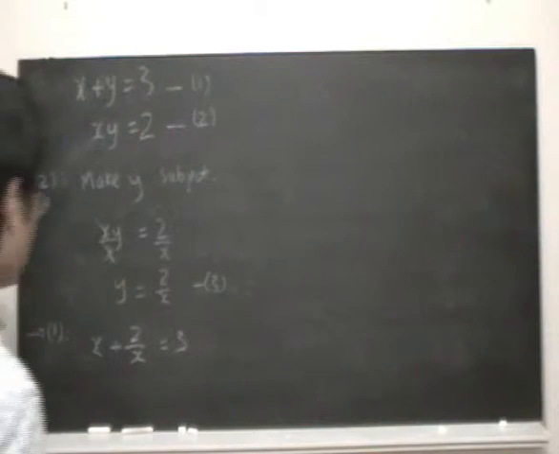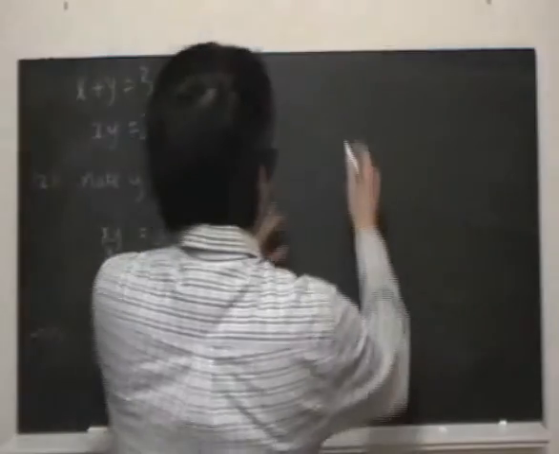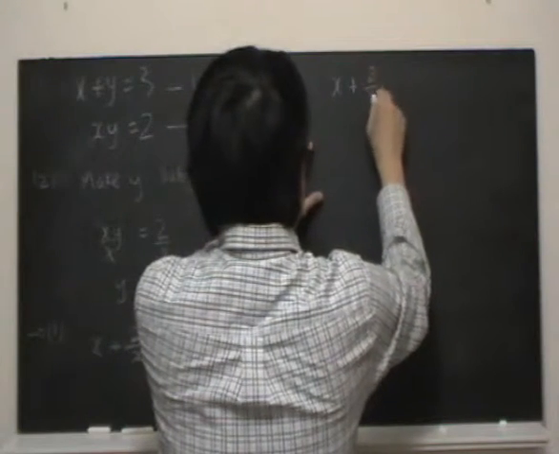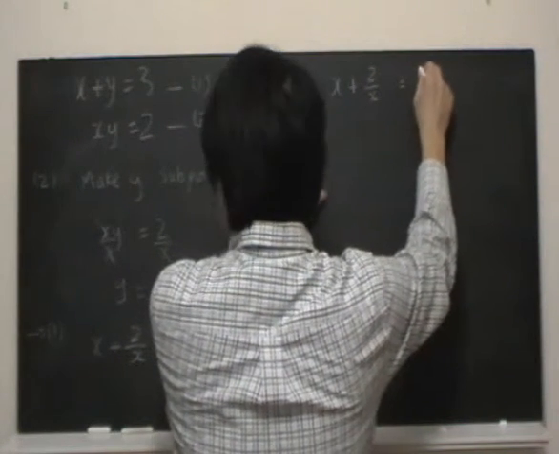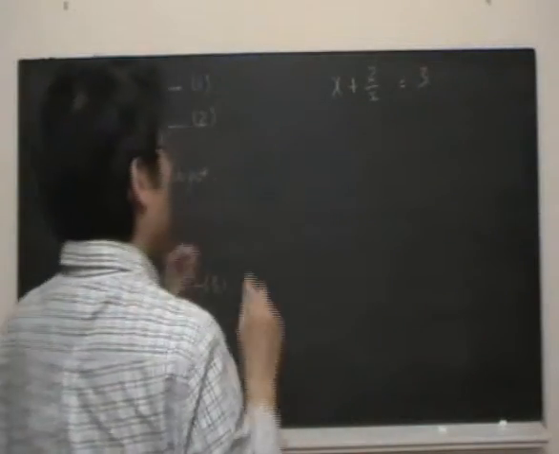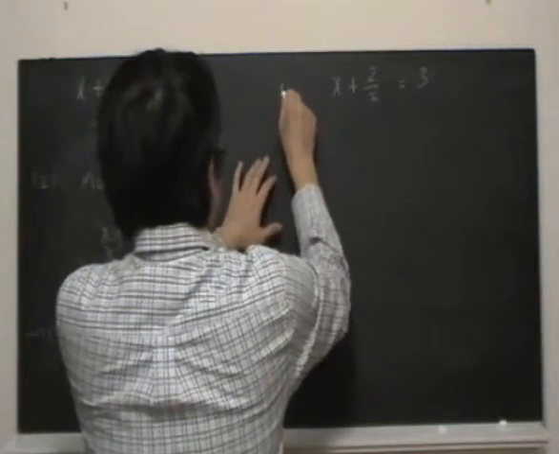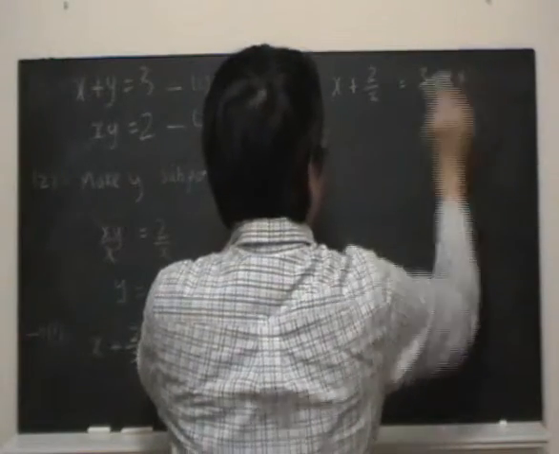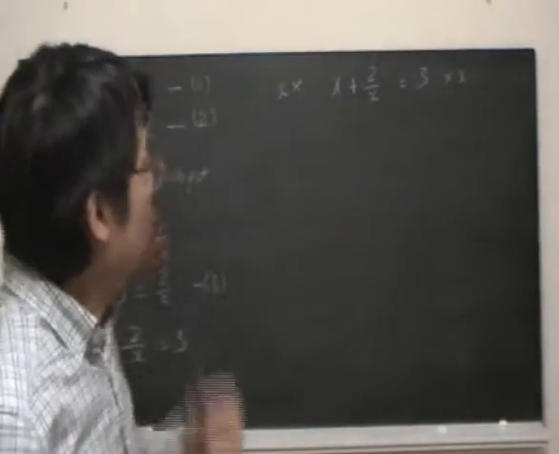So let me do that. Now, I'll just write it out here again. x plus 2 over x equals 3. I'm going to multiply both sides by x, like this, right?